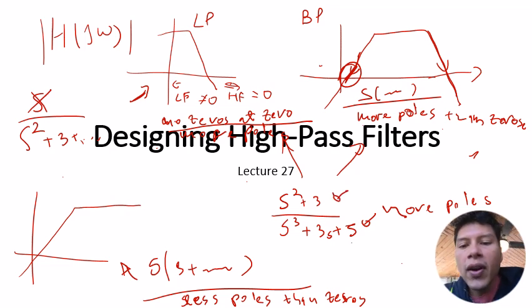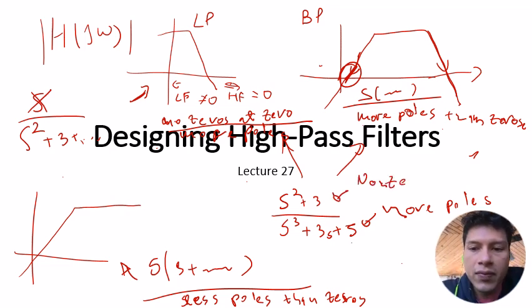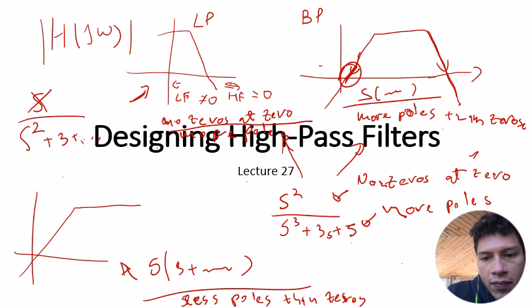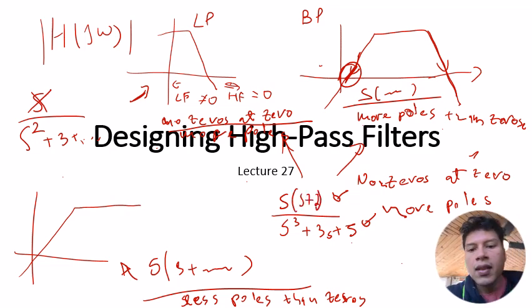Then if we look at the numerator, there are no zeros at zero. So that means that this is a low pass filter. Now, if I change this and I basically made it look like this, that's a band pass filter. I could have also done this. That's still a band pass filter.